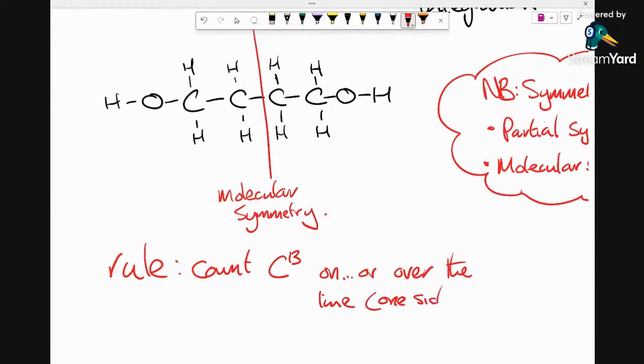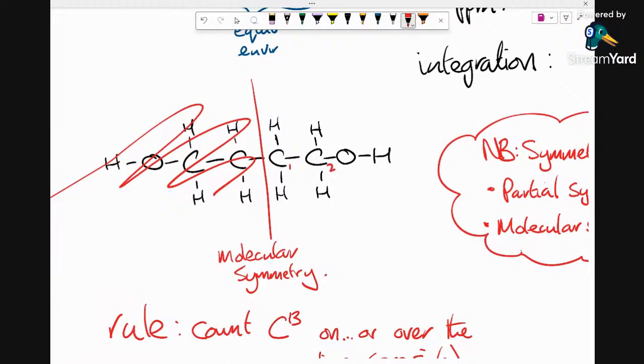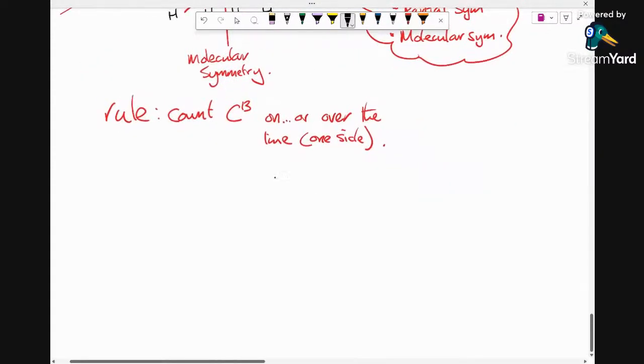So I ignore one of the sides. I have got 1, 2 environments here. I'm going to see 2 peaks. Symmetry lines are awesome. Let me show you another example of this.